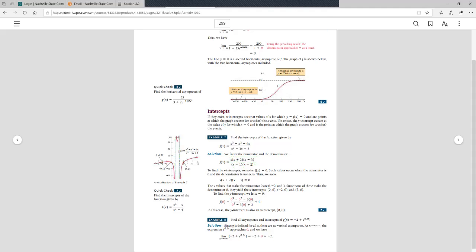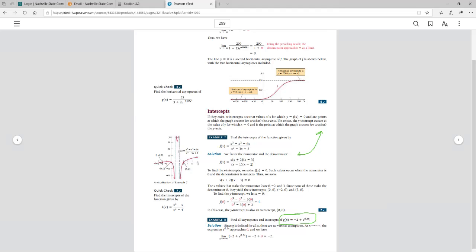Let's look at example 8. This one says to find all asymptotes and intercepts for this function here. Remember that an exponential function with a positive b value is an increasing function, right? It looks like this. And notice that it does not have any breaks in the graph.